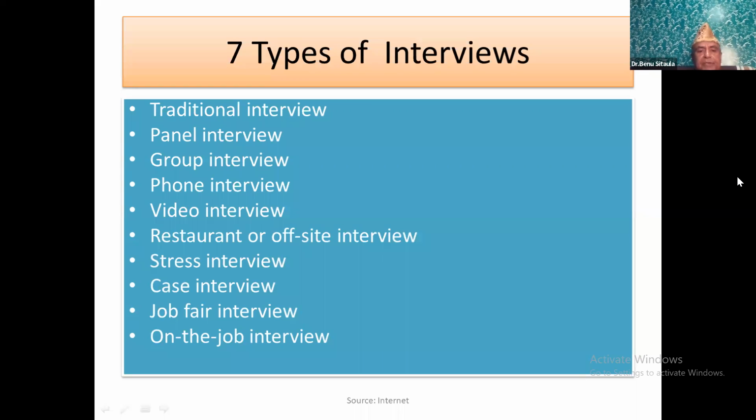Similarly, there is another type of interview, that is the panel interview. In a panel interview, multiple people interview the interviewee at once. The position of the interviewee has an impact on multiple people's jobs. So they will give their input as to how they see the candidate's manner and behavior.